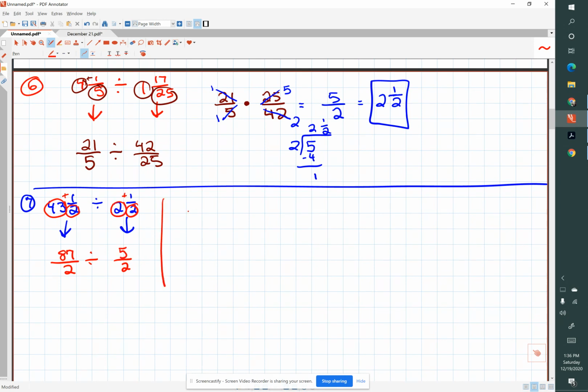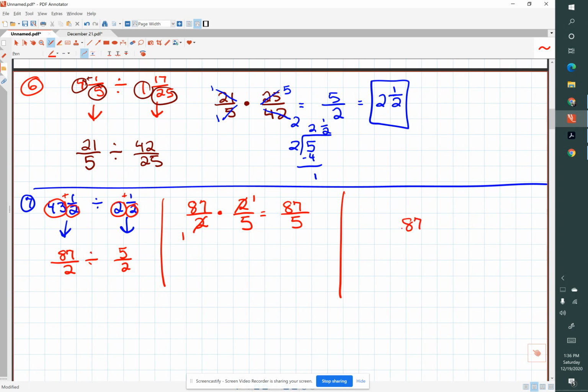Now we'll do our keep change flip. 87 over 2 times 2 over 5. And we easily can simplify those 2's to 1's, but 5 is not a factor of 87, so we'll just multiply across.